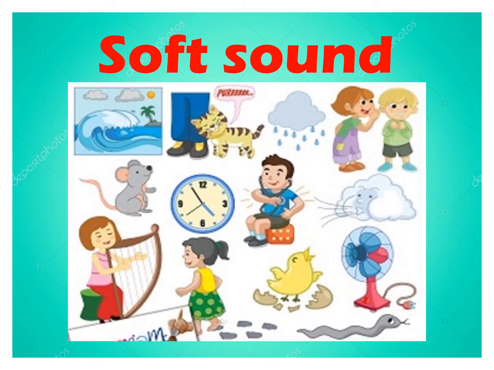Your heartbeat. The wind blowing. The harp. The girl jumping. The chirping bird. The hissing sound of a snake. And the sound coming from a fan. These are examples of soft sound.